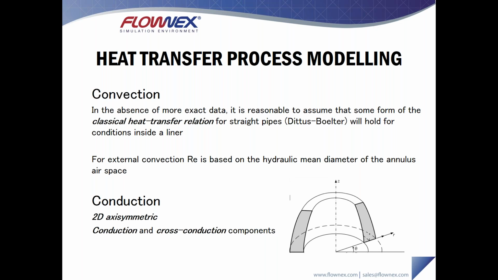If we're looking at conduction, it's pretty straightforward, and we refer to Flownex as a one-dimensional, 1D tool. But if we are talking about heat transfer, we can typically model that two-dimensionally because we not only model conduction, but we also model cross-conduction between components as well.